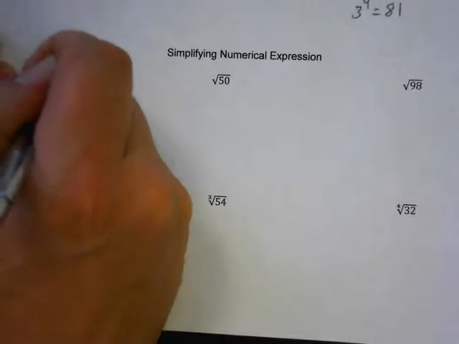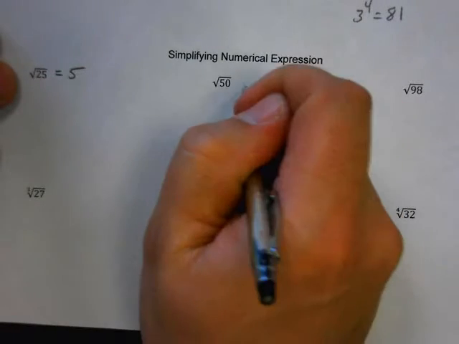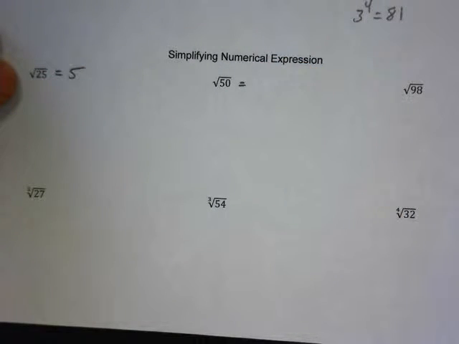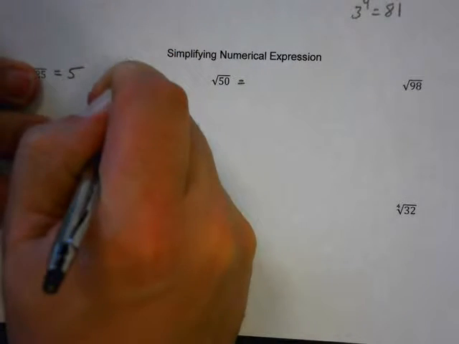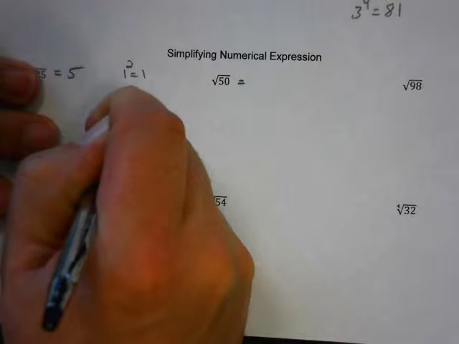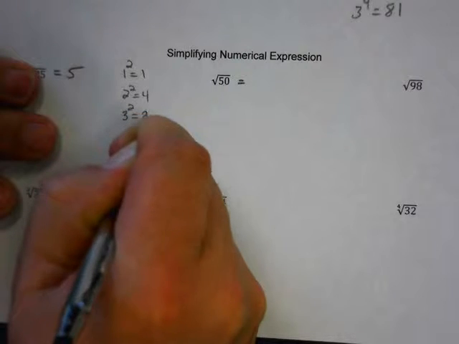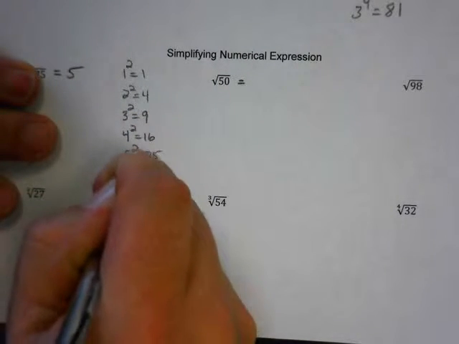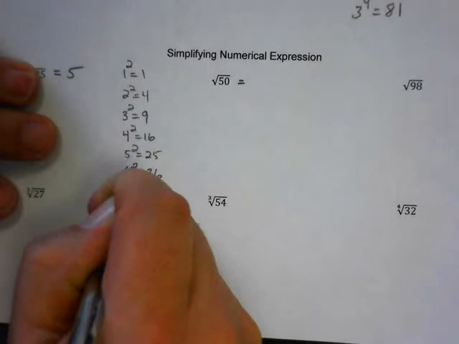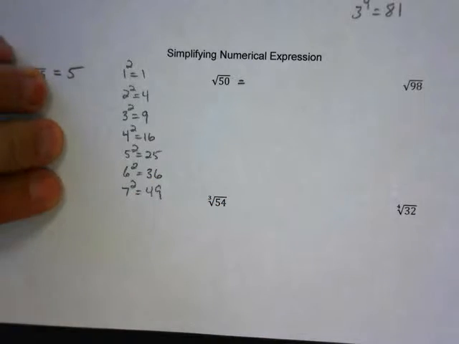Square root of 25. What's the square root of 25? 5. But what's the square root of 50? 50 is not a perfect square. So if we were to go through and start, 1 squared, 1, 2 squared, 4, 3 squared, 9, 4 squared, 16, 5 squared, 25, 6 squared, 36, 7 squared, 49.